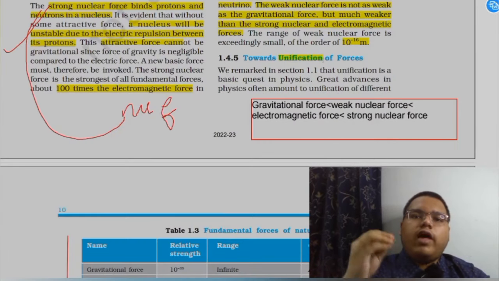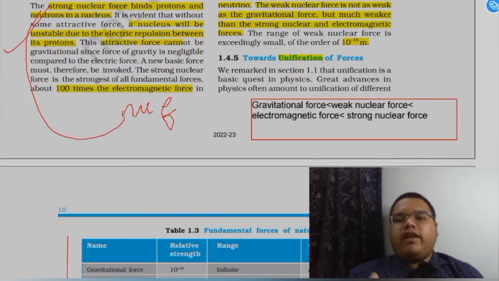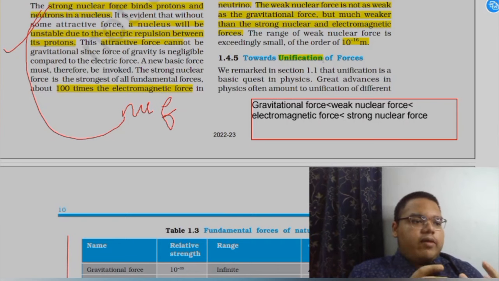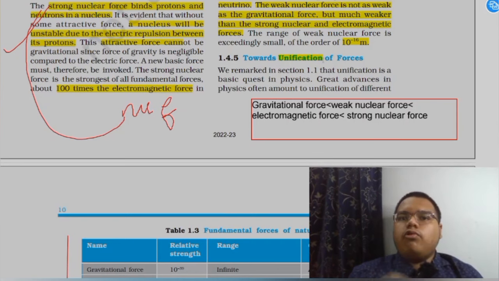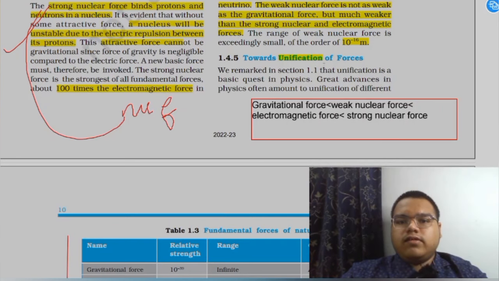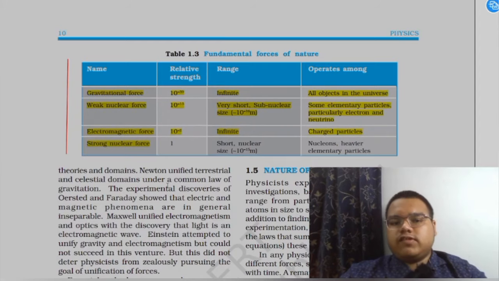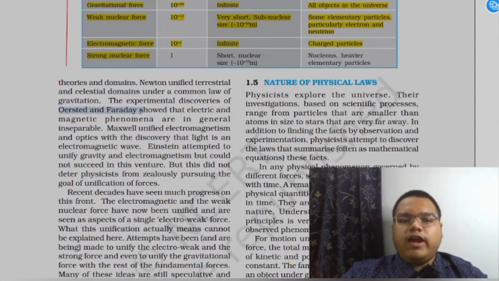I had told you about the reduction policy which is applied in physics, chemistry, and biology. So all scientists want to find out some similarity between two laws. Such are the advances in the force part of physics. Scientists want to unify different forces. There is gravitational, weak nuclear, electromagnetic, and strong nuclear forces. Oersted and Faraday had already shown that magnetism is nothing but an electric phenomenon.